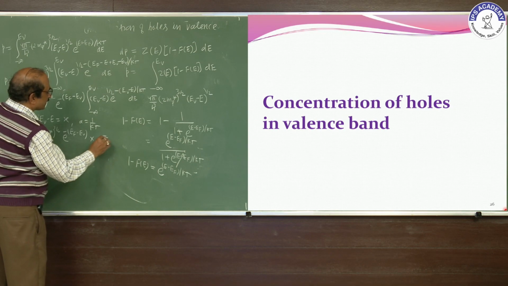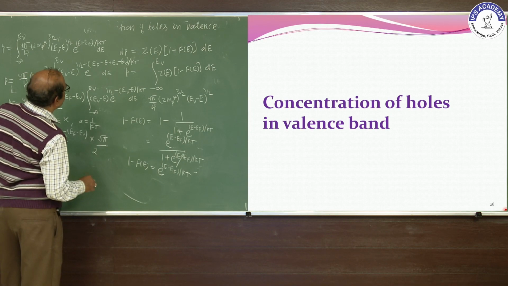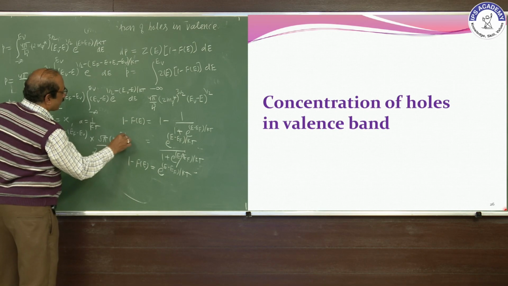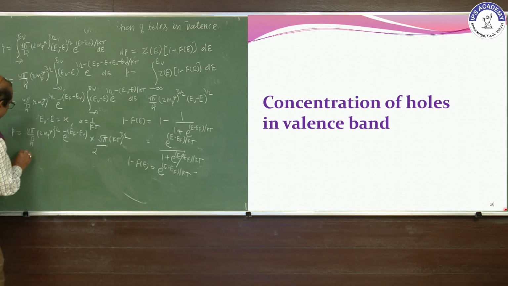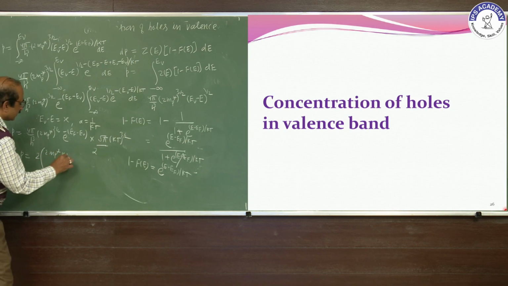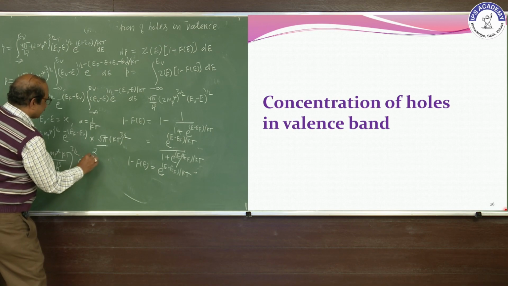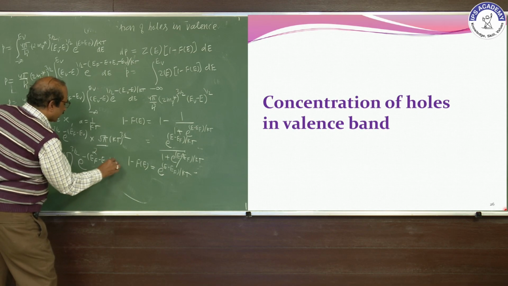I am directly writing the result because the process was already told in the earlier derivation. So p will be, rearranging this term, 2 times (2 pi mp star KT upon h square) whole to the power 3 by 2 e to the power minus (EF minus EV) by KT.